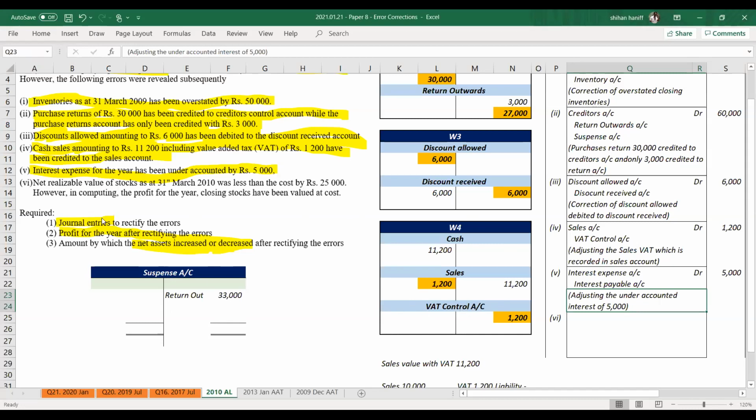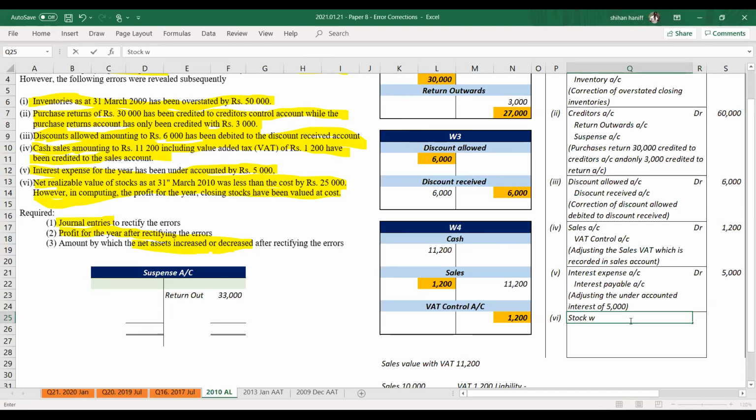So number six. Net realizable value of stock as at 31st March 2010 was less than the cost by 25,000. However, in computing the profit for the year, closing stock has been valued at cost. So when calculating the closing stock, they have taken the cost, but NRV is less by 25,000. So we need to write off the difference. How do we write off the difference in NRV?